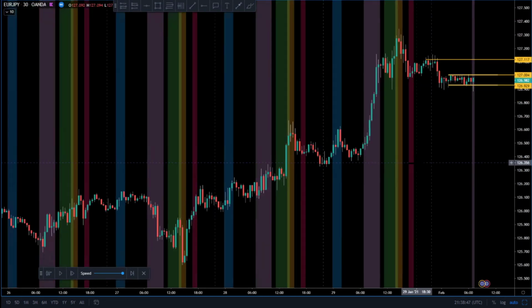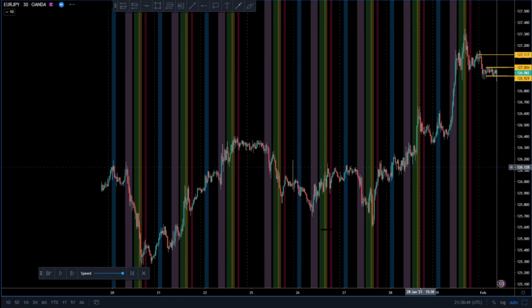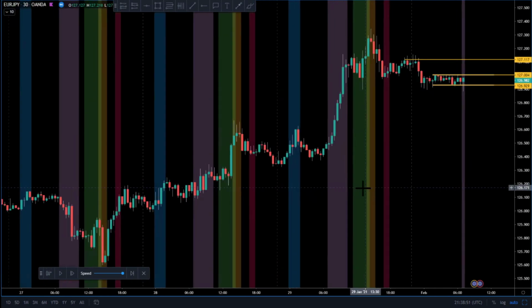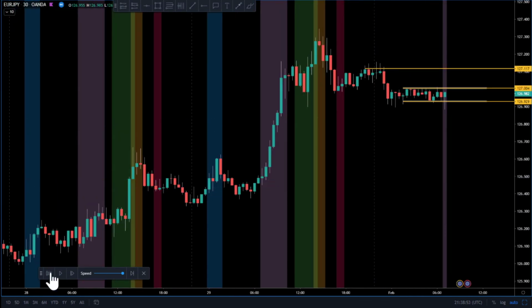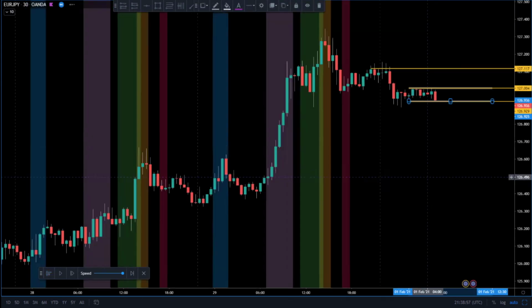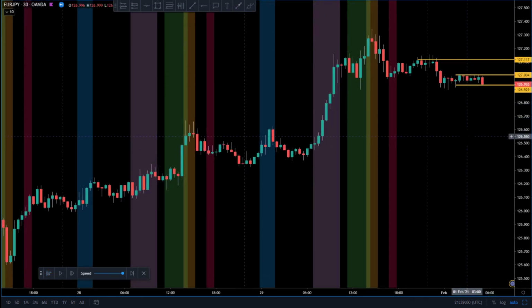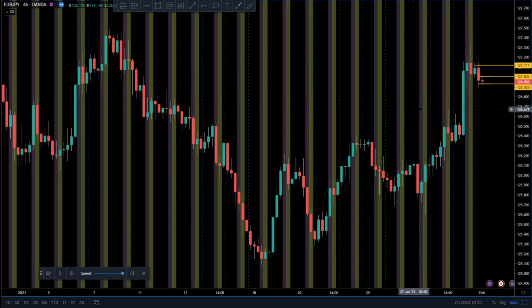If I zoom out, actually let me just bring this back to here. Okay, I'm going to go to the 4-hour chart. I was looking at this level. This is a level of consolidation just here as well.